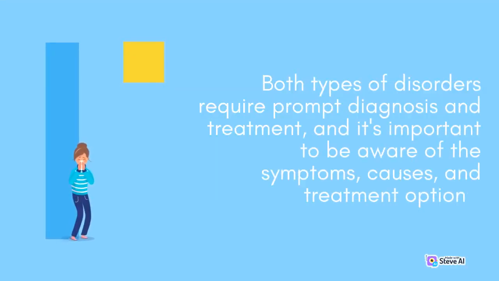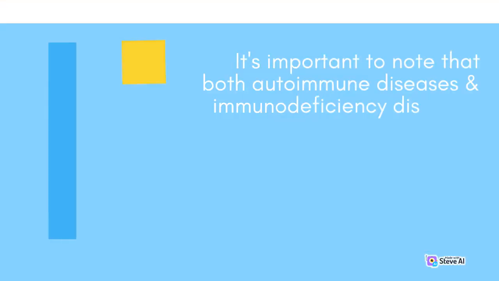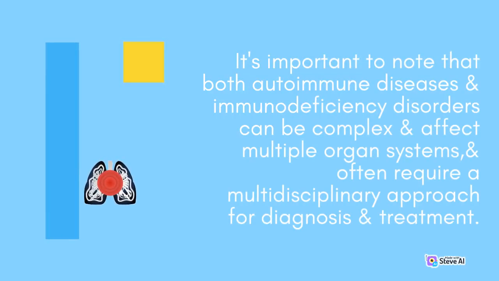Both types of disorders require prompt diagnosis and treatment, and it's important to be aware of the symptoms, causes, and treatment options. Both autoimmune diseases and immunodeficiency disorders can be complex and affect multiple organ systems, and often require a multidisciplinary approach for diagnosis and treatment.